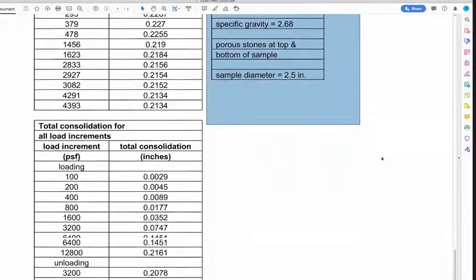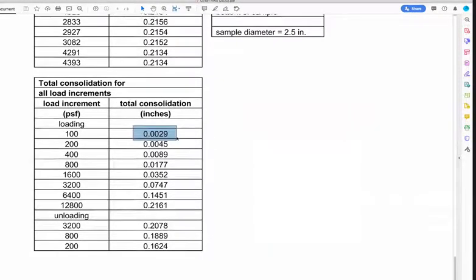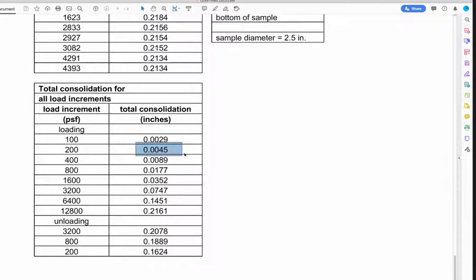So with that, after loading it with 100 PSF, it's no longer 1 inch. It would be 1 inch minus 0.0029 inches. After 200 PSF, it would be 1 inch minus 0.0045 inches, and so on.